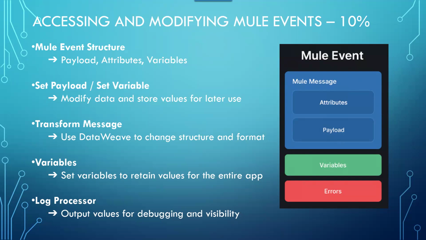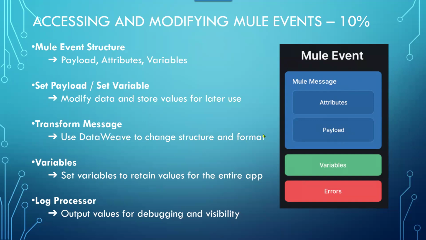Now the variables will be available for the entire app, and so you have that ability to use them. The other part is our payload. On a GET request, the payload is empty until we do something with it. So we might be adding some values to the payload. We might be using the transform message to create a value that would end up being in the payload.